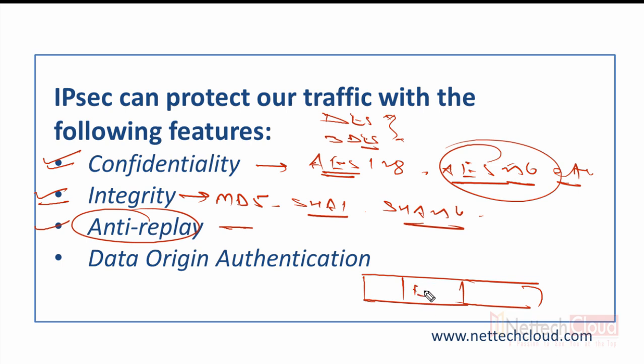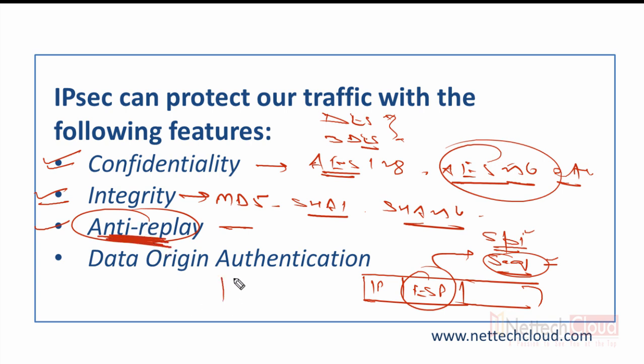One of the headers is the ESP header, Encapsulating Security Payload, and ESP provides data encryption, authentication, integrity, everything. ESP has one important attribute, SPI, Security Parameter Index, 32 bits hexadecimal, and another is the sequence number, which is mainly used for the anti-replay purpose.